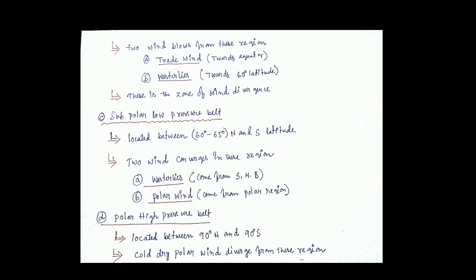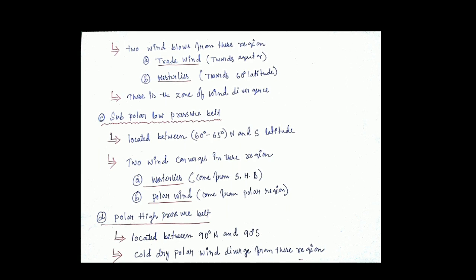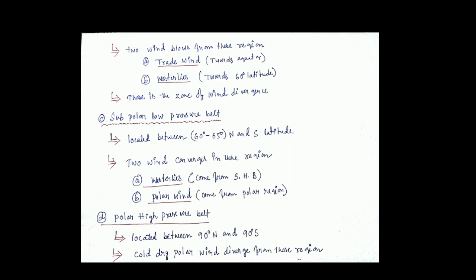Hence, it is very dry, and it brings less rainfall throughout the world. In our next slide, we'll see the diagram of this wind and pressure belt of the world.